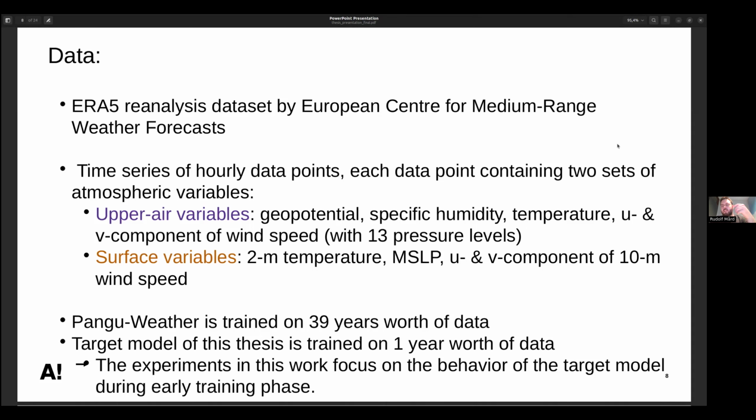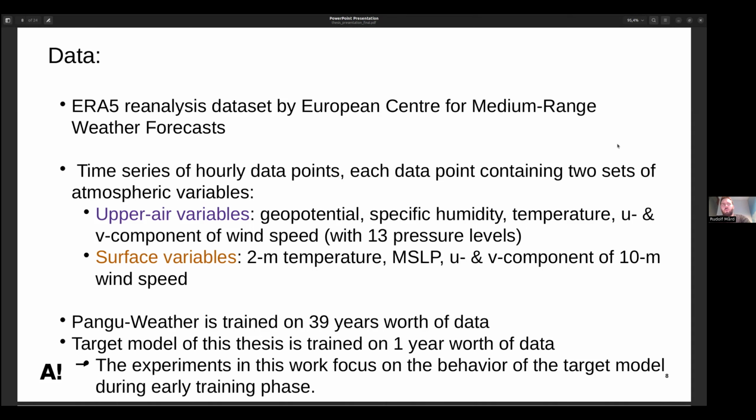So it is a three-dimensional data volume. The surface variables are only a two-dimensional latitude-longitude grid, and it is the 14th vertical level in the input. It contains 4 variables: the 2-meter temperature, mean sea level pressure, and the U and V components of 10-meter wind.